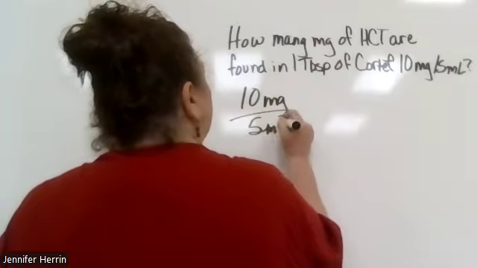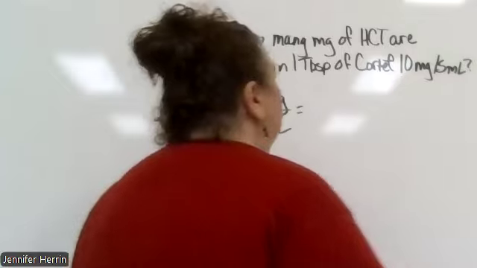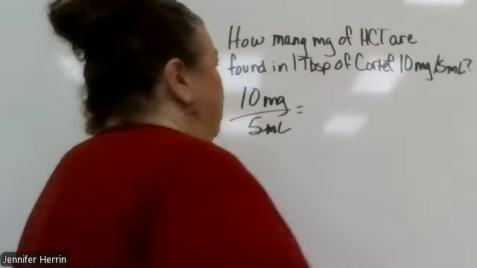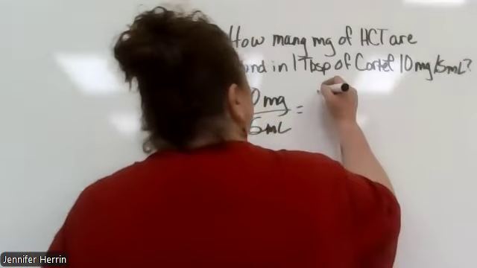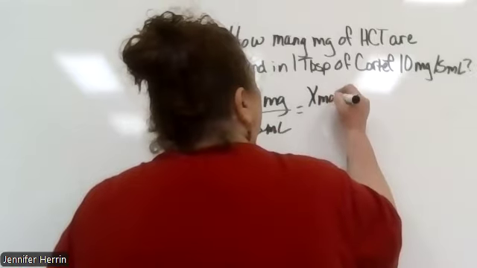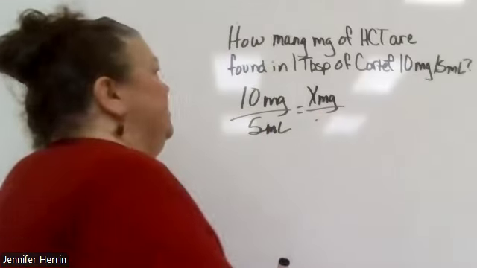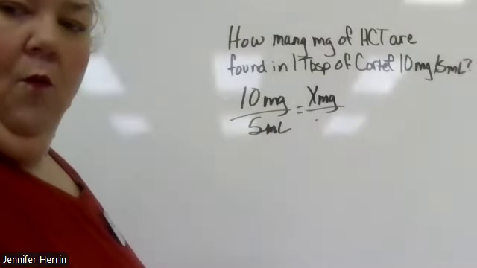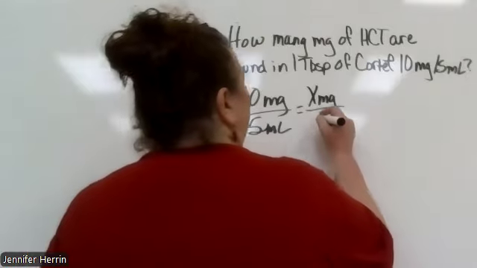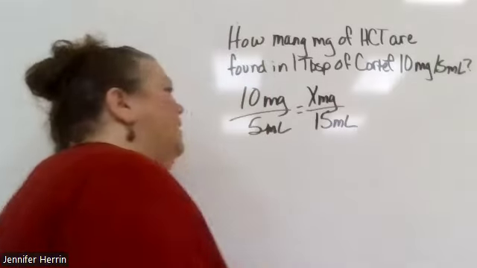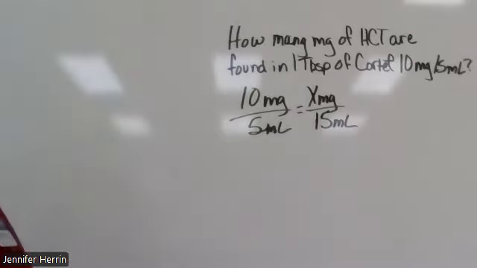And again, if you're one of those people that can look at this problem and already see the answer, go ahead for it. For those that cannot, it's okay. How many milliliters are in a tablespoon? 15. So that is how we would set that equation up.